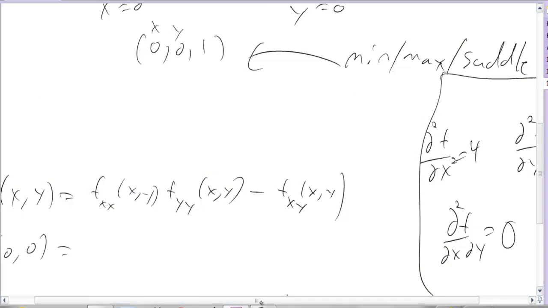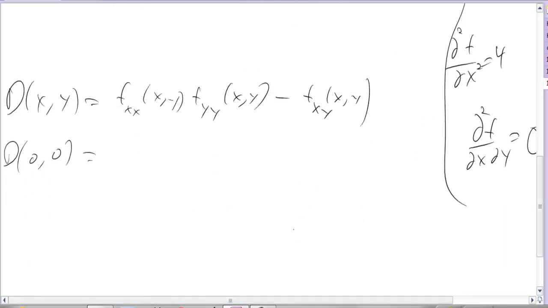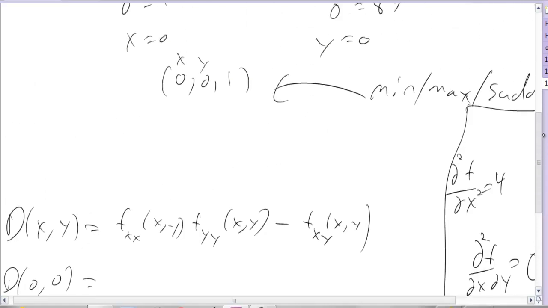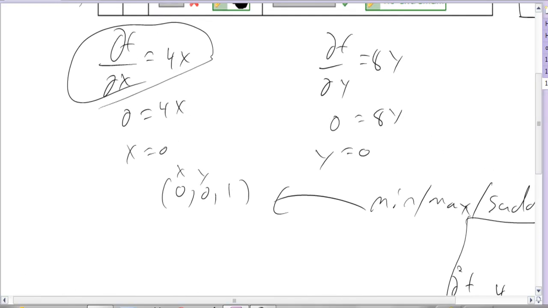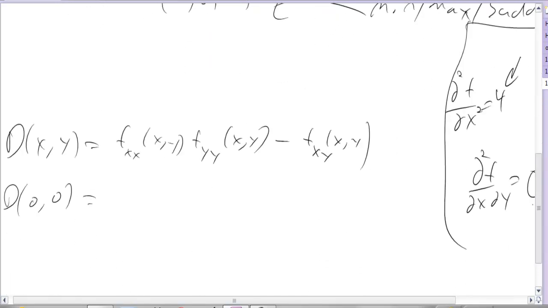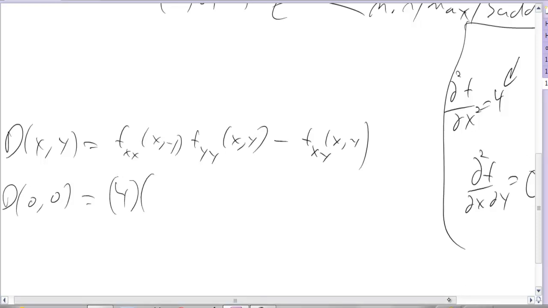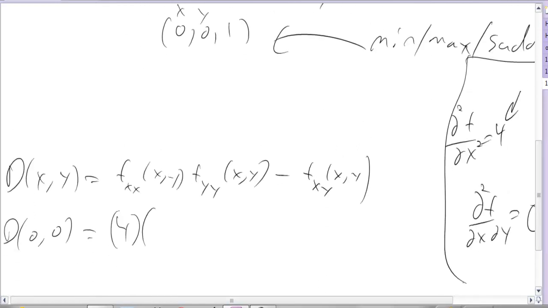All right, I keep losing these parentheses, but that's okay. So here we go. We're going to plug in our values. Second derivative with respect to x, where did it go? Well, anyway, it's 4, because I can see it from right there. 4 times second derivative with respect to y, that was, maybe it's over here.